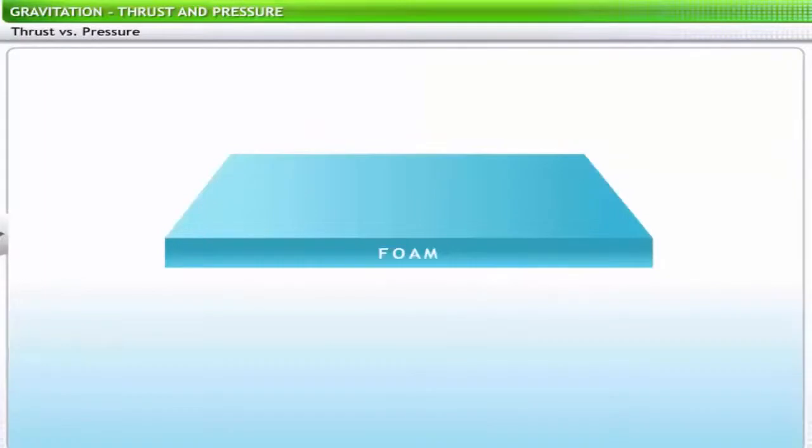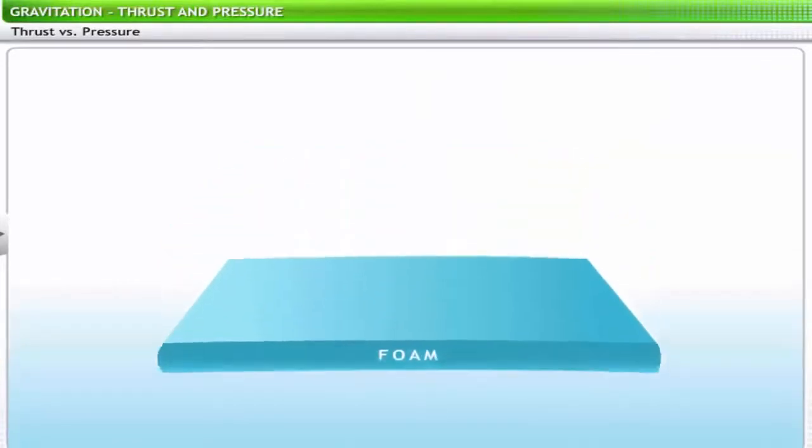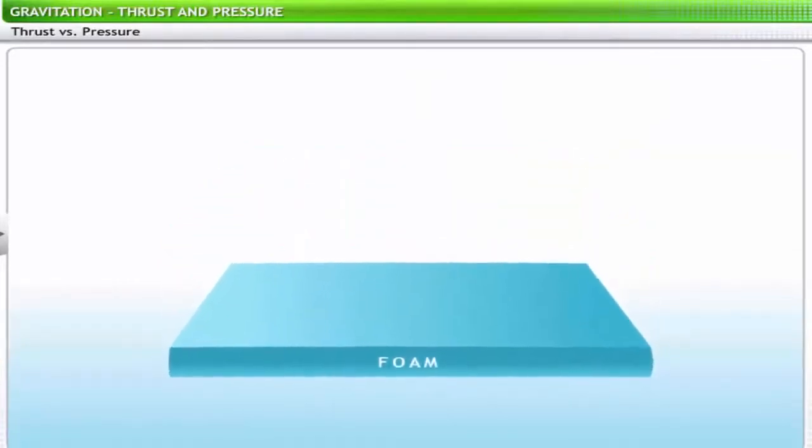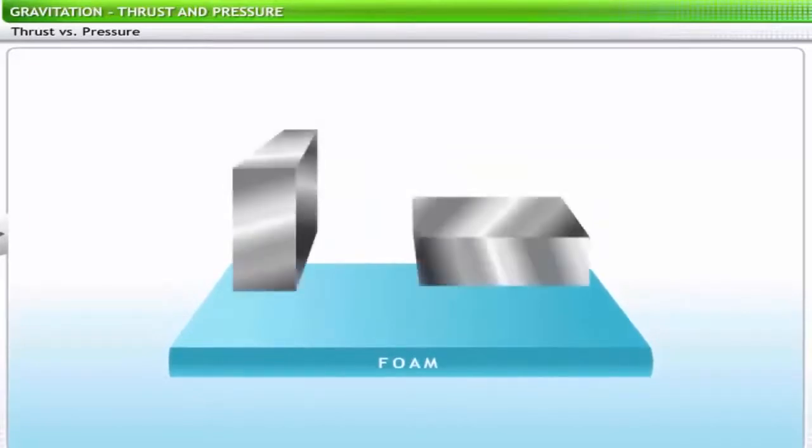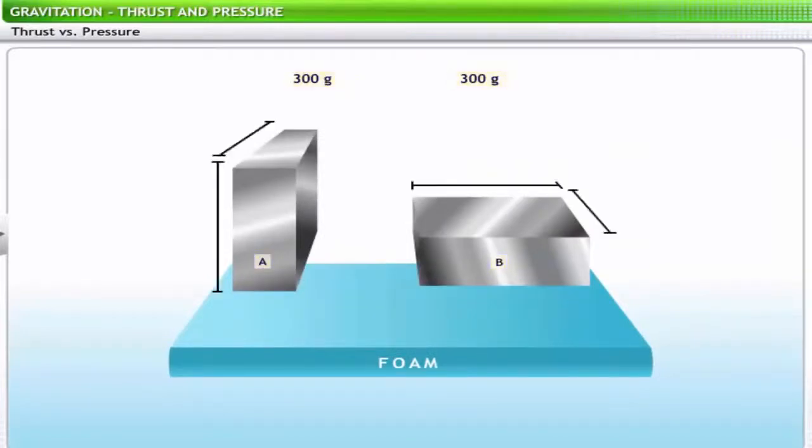Another example will help illustrate further the distinction between thrust and pressure exerted by a body. Take a piece of foam and two identical metal blocks, say A and B, weighing 300 grams. The length, breadth and thickness of these blocks are 30, 20 and 10 centimeters respectively.